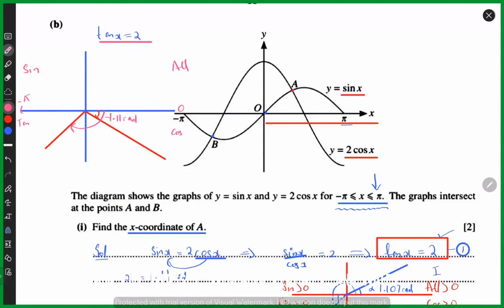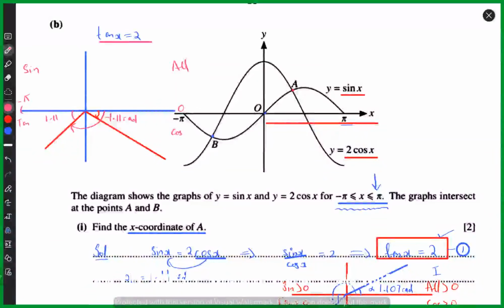Similarly, now please pay attention, look at it very, very carefully. I need to find the pink angle. This alpha is also 1.11 radians. So how do I do it? Let's keep things simple. It's pi, okay?